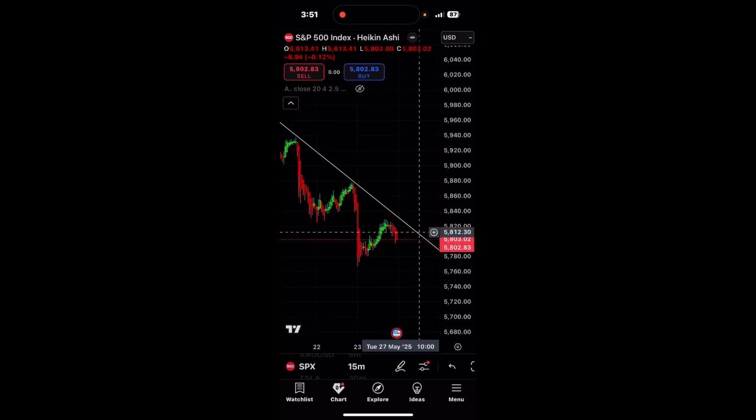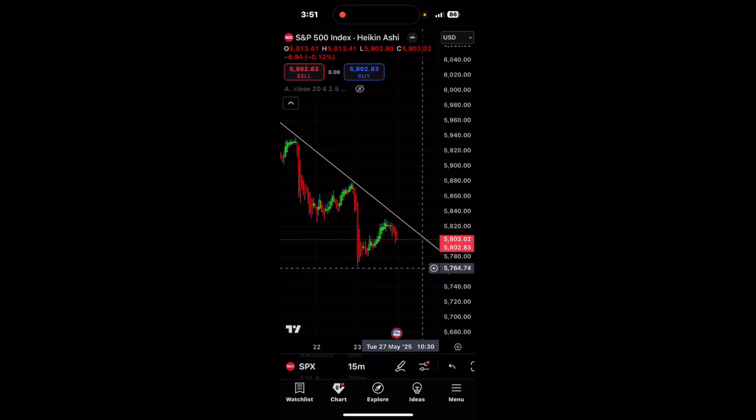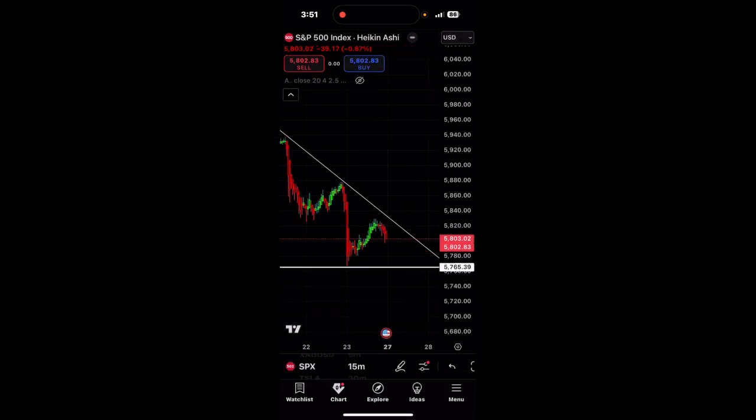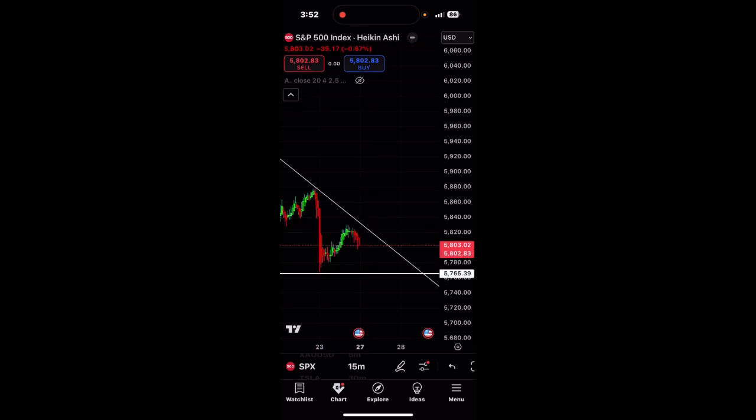It has to break right around here to be bullish. And there's some support right about here. So it has to not go below this line. If it goes below this line, it's going to be more bearish. If it breaks this, it's going to be bullish.